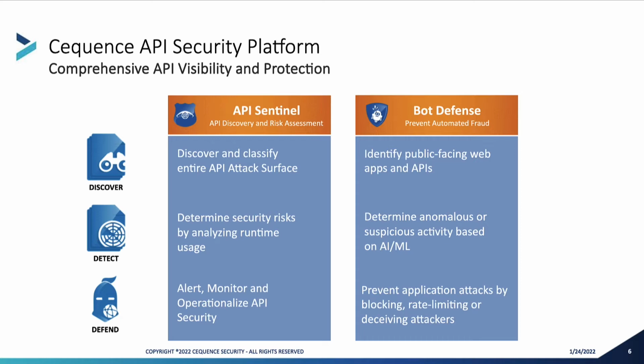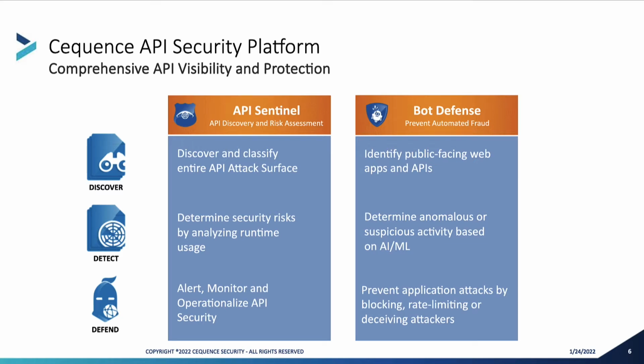So we will integrate with the Tetrate Service Bridge. We can also integrate with many of the other API management components, things like load balancers, API gateways, CDNs, and other service mesh environments to give you that visibility into your APIs.